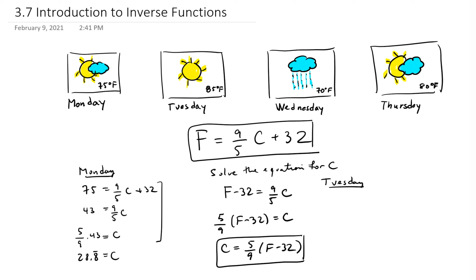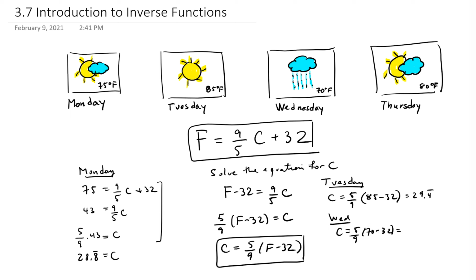That's easy. I could just replace F by 85, subtract 32. I calculate this, it gives me 29.4 repeated, and then you can do the same for Wednesday. This is actually 70 here, so I should write down 70.